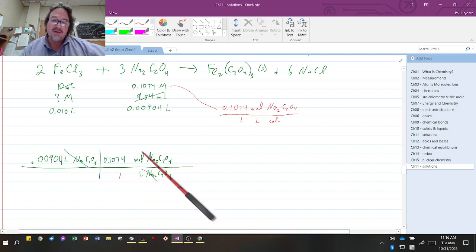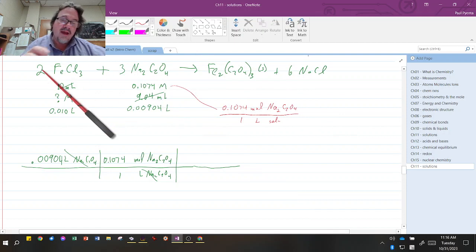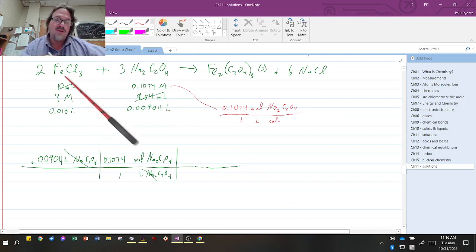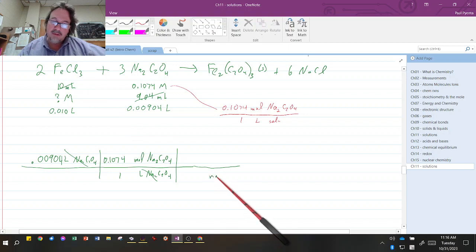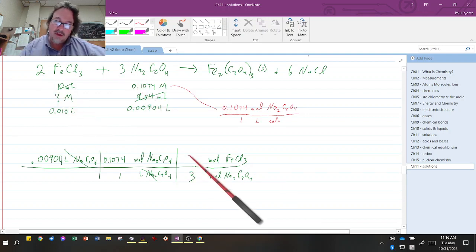So now that I've made it to moles, I can use my balanced equation to go from one species to anything else in that reaction. In this case, I want to go over to the iron 3 chloride. That's what they asked me about. So that's my step here, moles of sodium oxalate to moles of iron 3 chloride. And for my balanced equation, looks like I have a 3 on the sodium oxalate and a 2 on my iron 3 chloride.